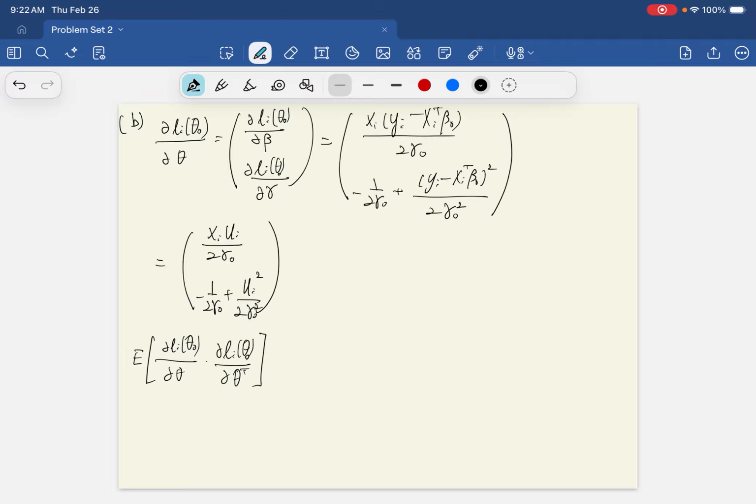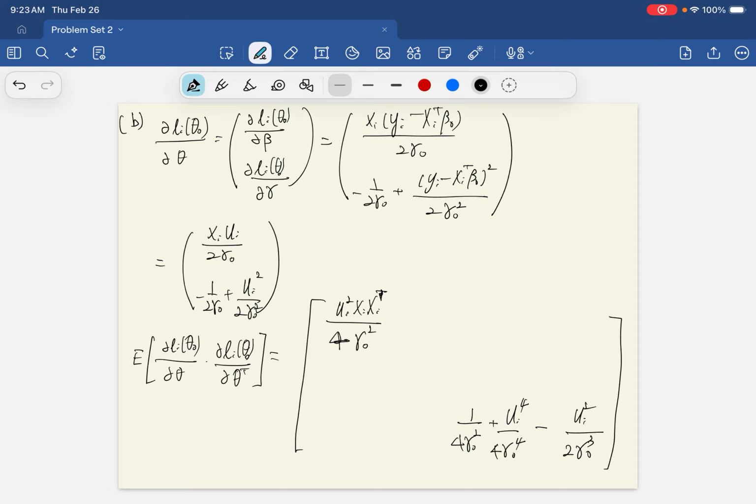So the first part is a matrix, ui squared xi xi transpose over 4 gamma 0 squared, and here we get 1 over 4 gamma 0 squared plus ui to the 4th over 4 gamma 0 to the 4th, and minus ui squared over 2 gamma 0 cubed.